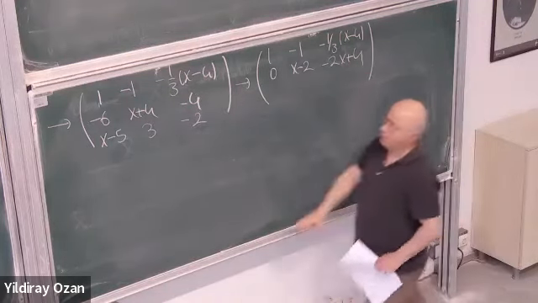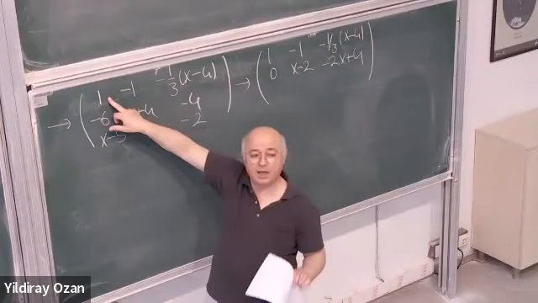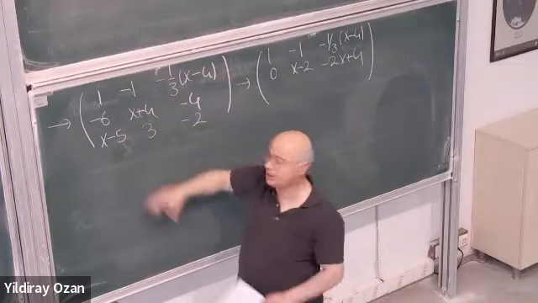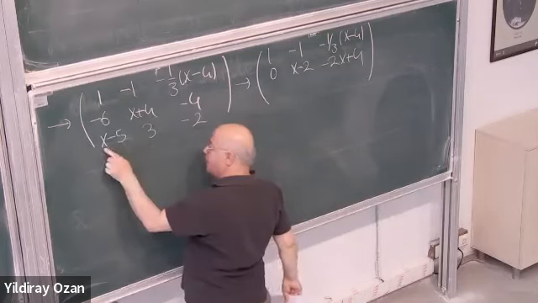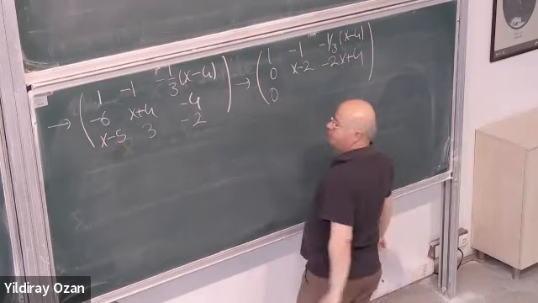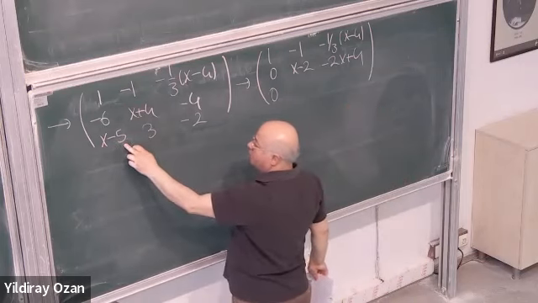Okay. To kill this guy, I have to multiply this by minus x minus 5 and add to this guy. So I take the first row, multiply it by minus x minus 5 and add to the third row. This guy will be 0. Eksi x eksi 5 ile çarpıyorum.